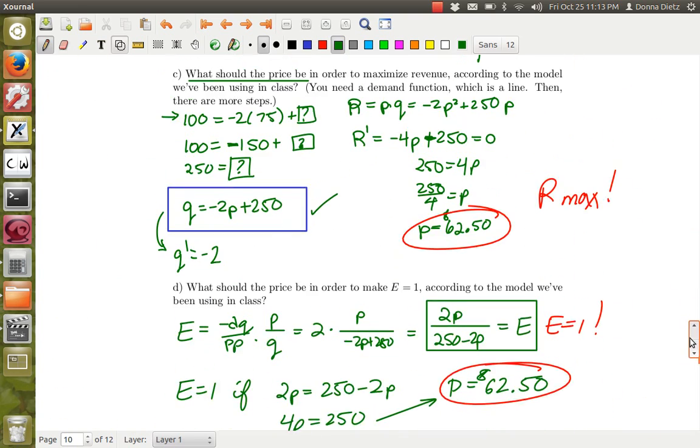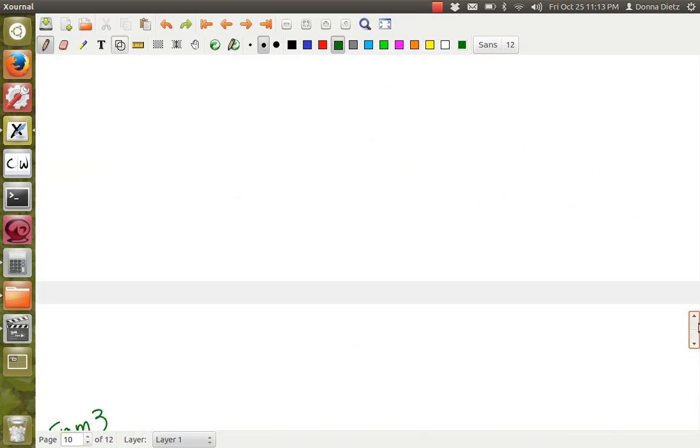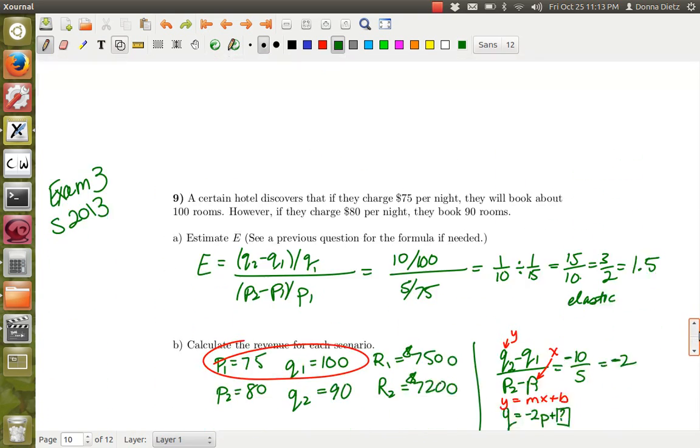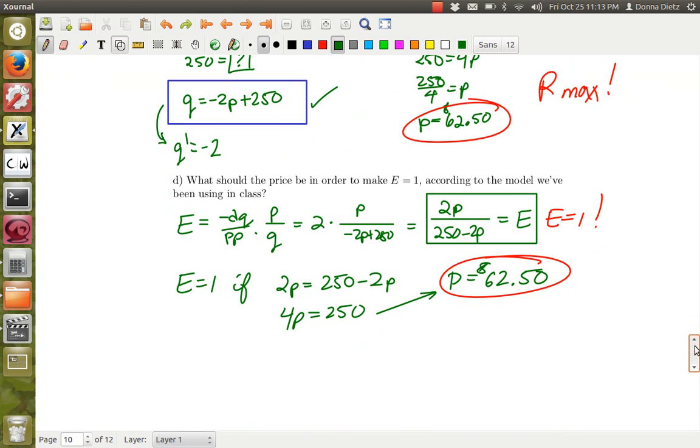But down here, revenue is maximized, E equals 1. This whole process, all the algebra is identical. There's just two ways of doing exactly the same thing. So hopefully that makes sense. Hopefully this helps you study, and I wish you luck on the exam. Continue studying, and I think you'll do really well.